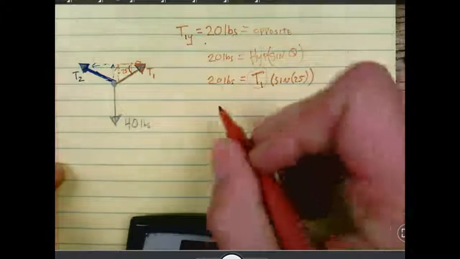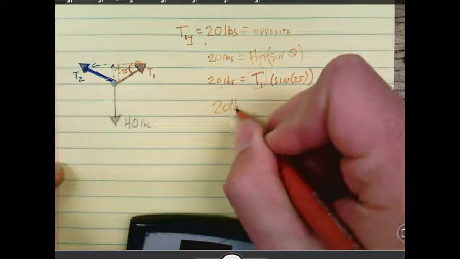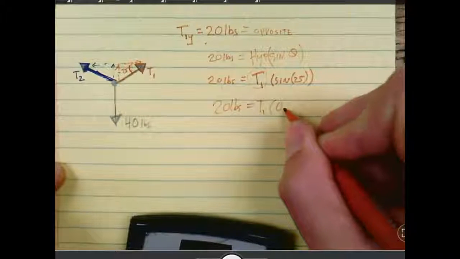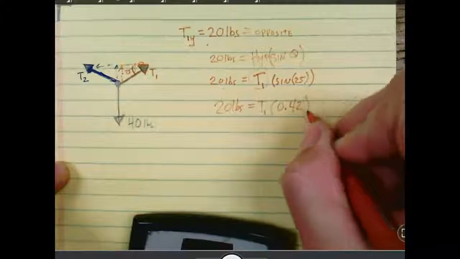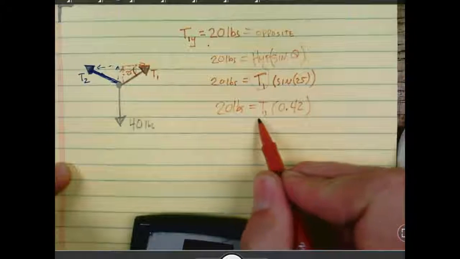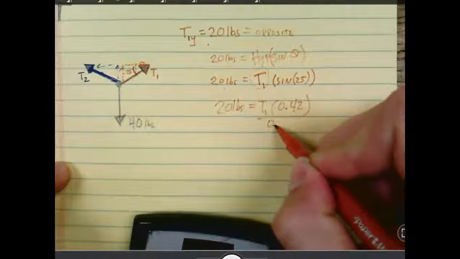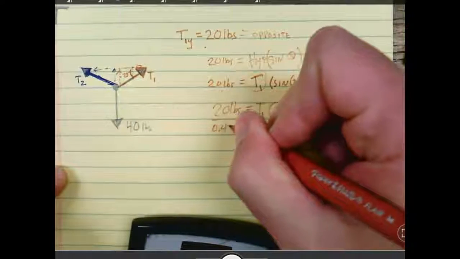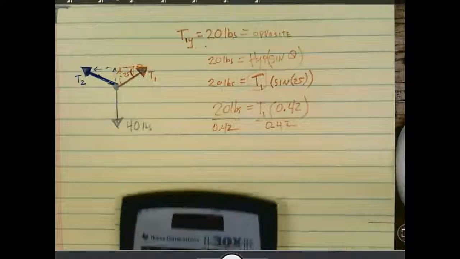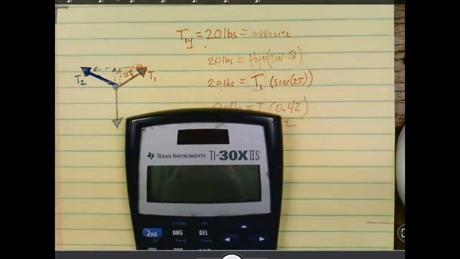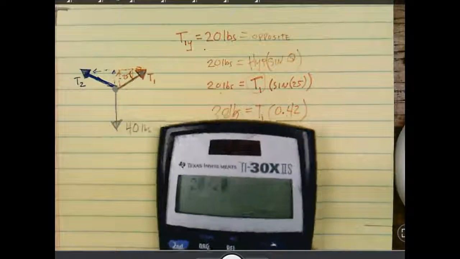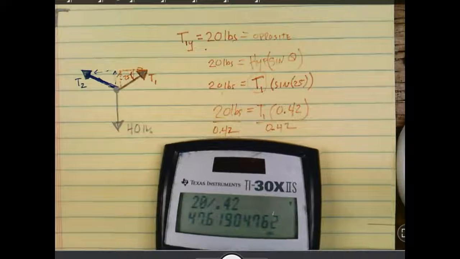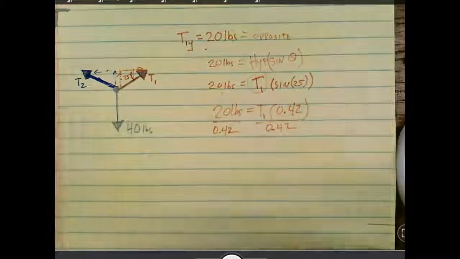So now I can say 20 pounds equals T1 times 0.42. When I divide by 0.42, and I divide the other side by 0.42, I can then find that 20 pounds divided by 0.42 equals 47.62 pounds.